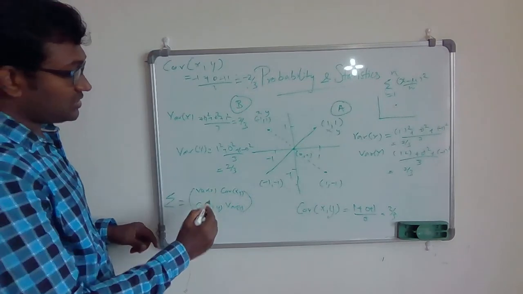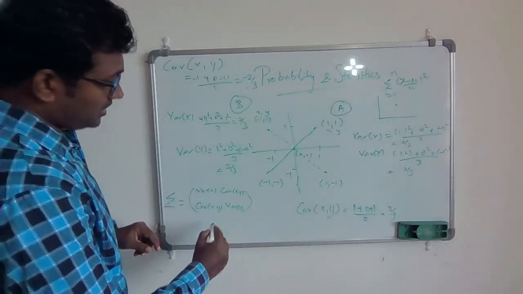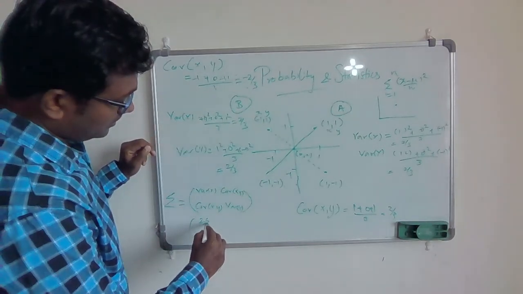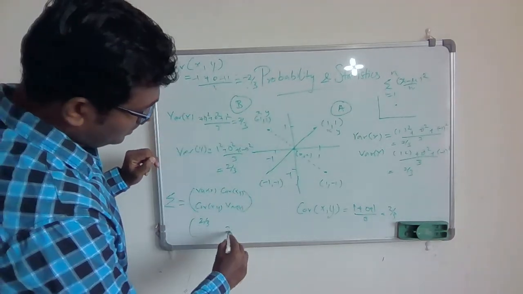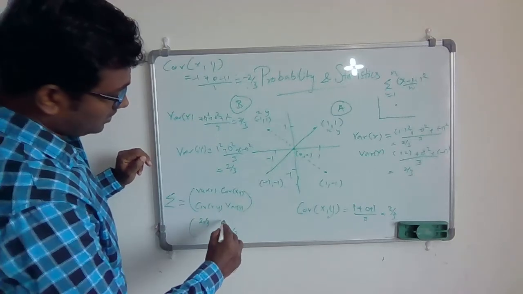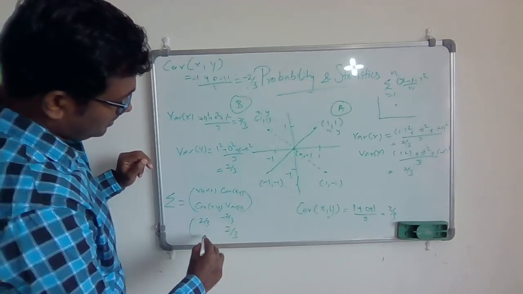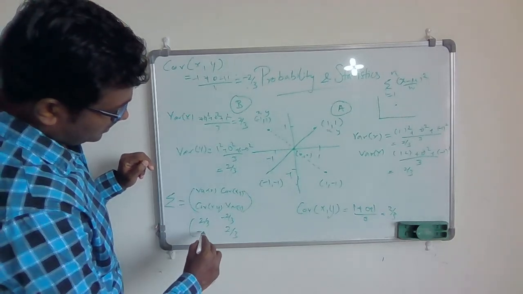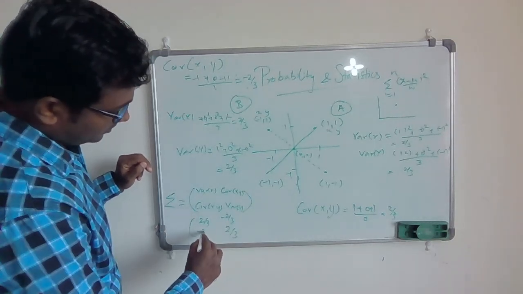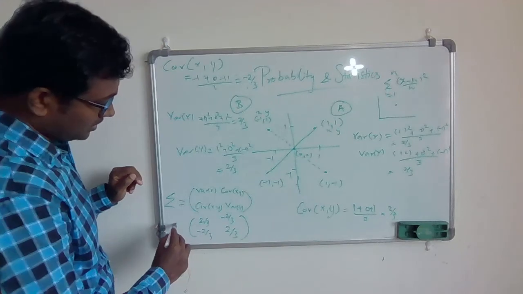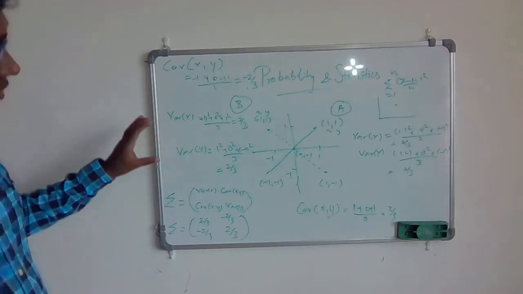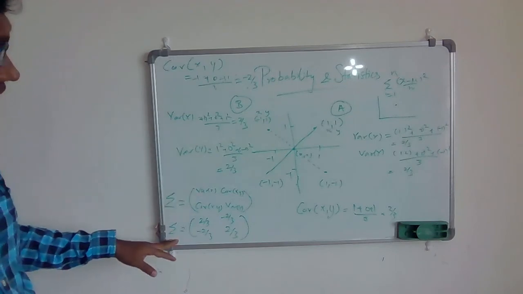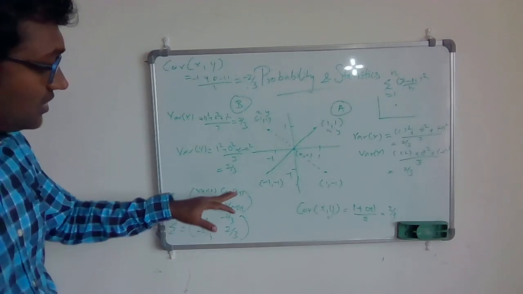Here, variance of x is 2 by 3, variance of y is 2 by 3, and covariance of x and y is minus 2 by 3, and the covariance of y and x will be the same. So this is the covariance matrix. We have moved from a single dimension to 2 dimensions, and we found the covariance matrix with variances and covariances.